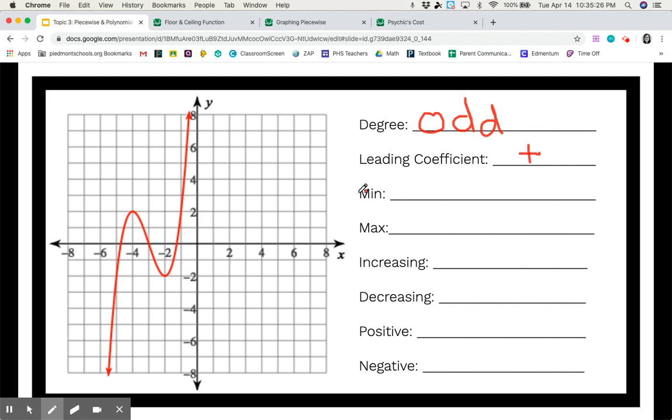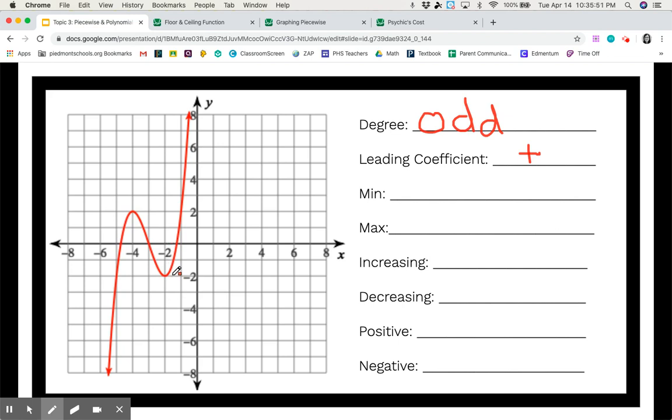It also wants to know minimum and maximum. Sometimes your graph will have multiple minimums and maximums. Sometimes it just has one. And there are two different ways that you can write these. Minimum, that's the lowest point that we can see. This does have a line going down in the y direction forever, so there is no specific minimum, but we have what's called local minimums, or minimums that you can see on the function.